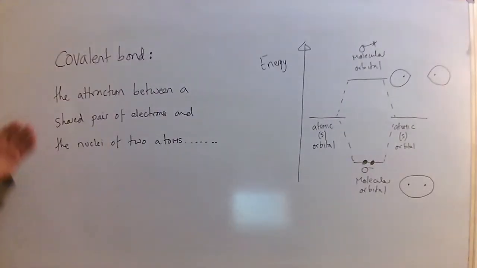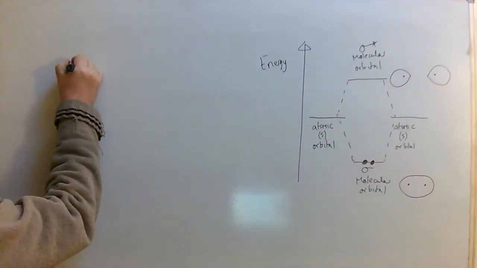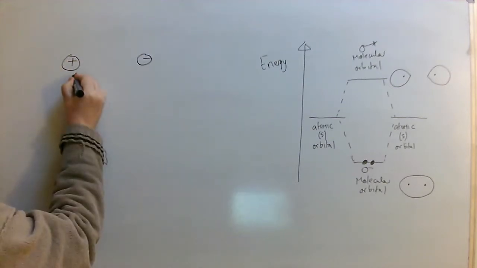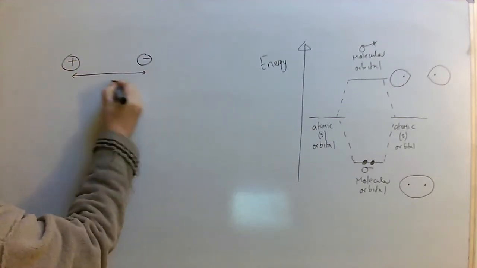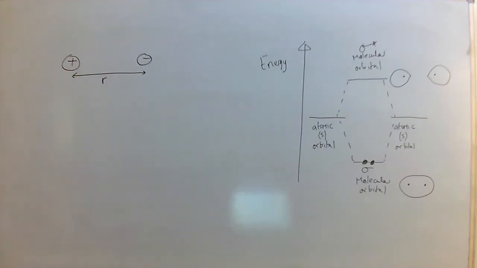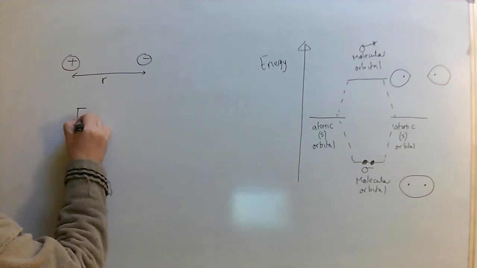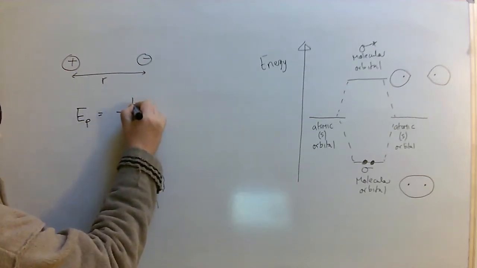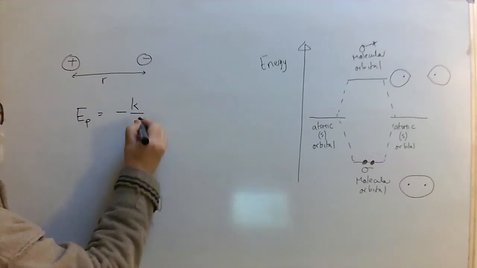However, it's this idea of the attraction between the electrons and the nucleus that's actually slightly problematic when we think about it. If you have two charges, so let's say we have a positive and a negative charge, and the distance between them is r, then classical physics tells you that the potential energy is given by minus k over r.